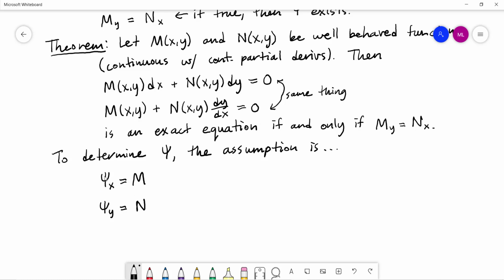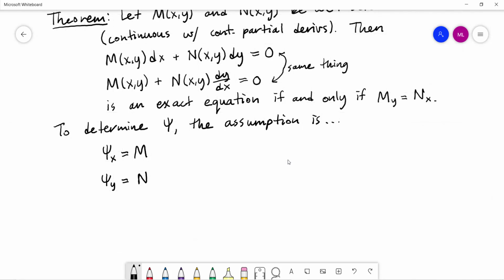You'll notice these are differential equations. We have essentially a derivative equal to some function that involves potentially x and y. So how do we solve for psi? Well, I can use this first one. If I want to get a guess for psi, I need to undo the x derivative. So I integrate psi sub x with respect to x to undo the derivative. But I have to do the same thing to both sides of the equal sign.